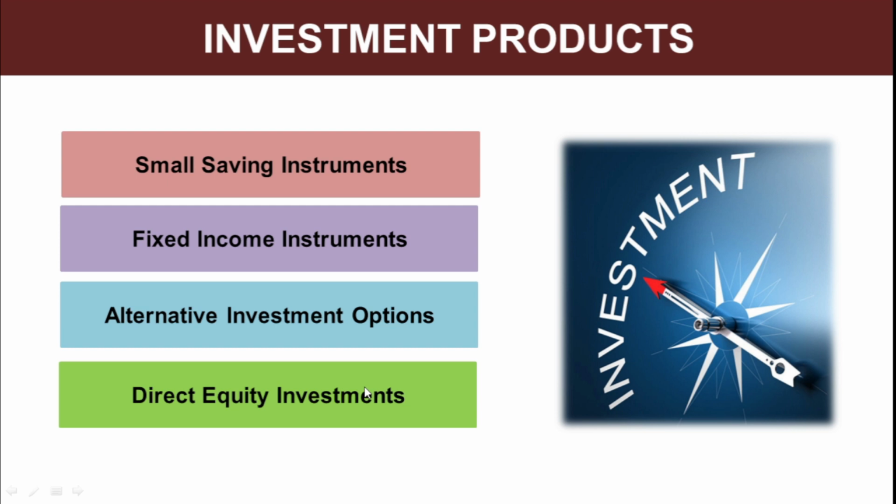Again, this chapter would be containing many questions, so I would be focusing and trying to make this easier for you to understand. Now, let me give you a brief idea about all these 4 investment products that have been categorized. So, starting with small saving instruments, what you need to know is that if we talk about the previous time when people were not much aware about making investment, what government tried was to at least make people habitual of saving.